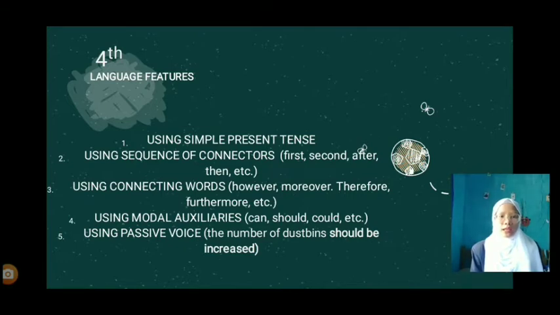Should be the verb 3, and before it there should be to be, not a bare verb. I will explain passive voice in the next meeting because we will focus on passive voice then.